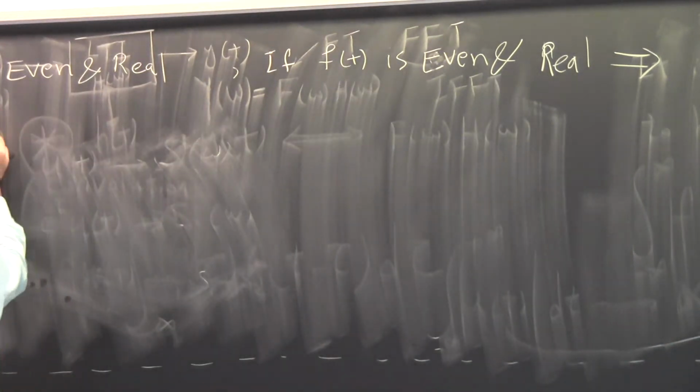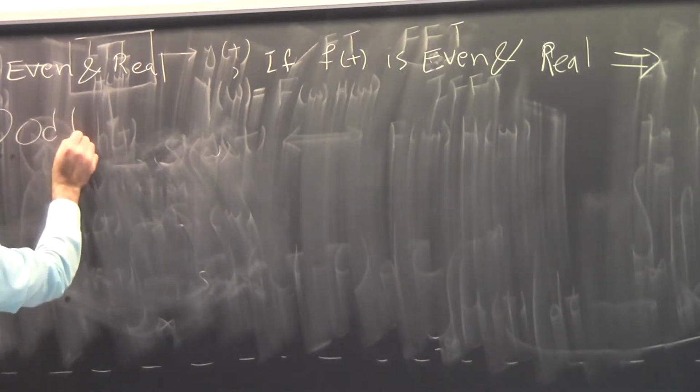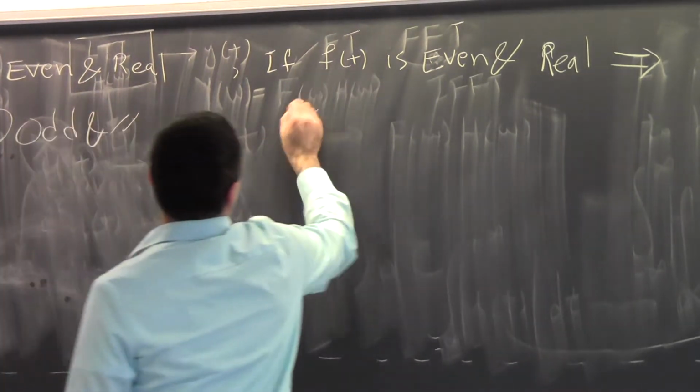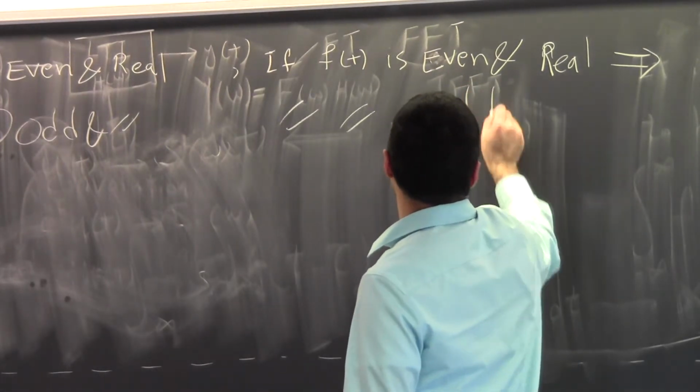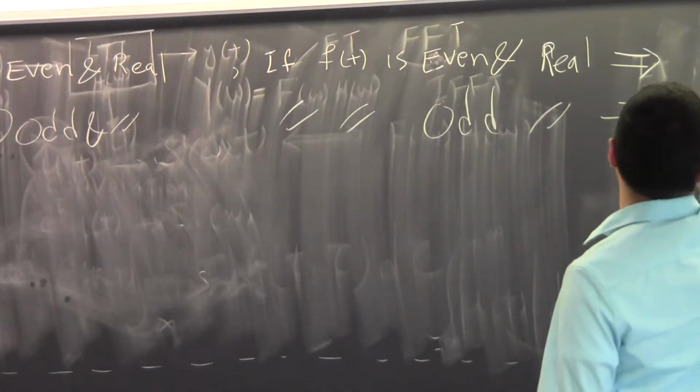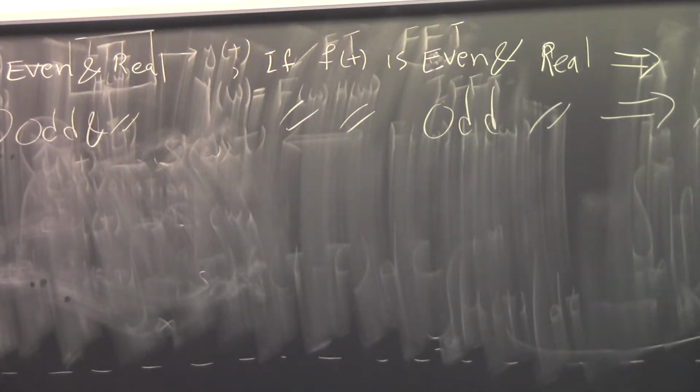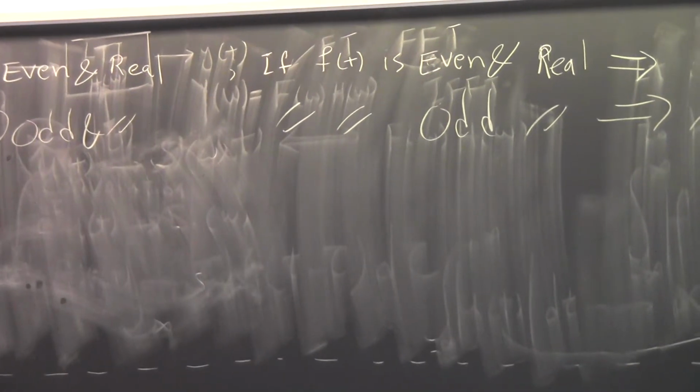And the fifth one is odd and real. We can repeat the same thing, just say instead of even, if it is odd and real, then F(omega) should be odd and real.